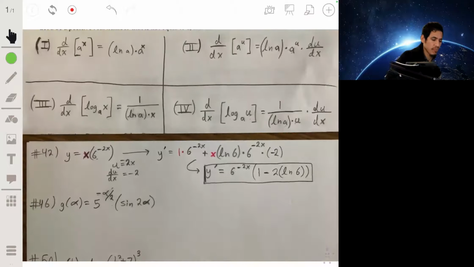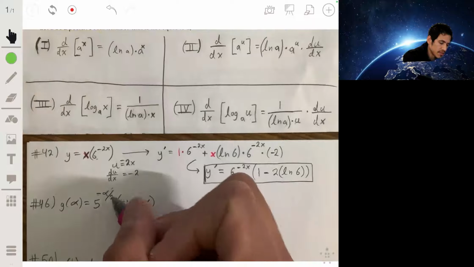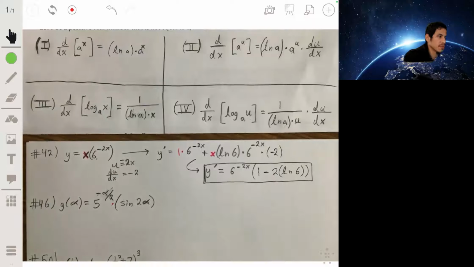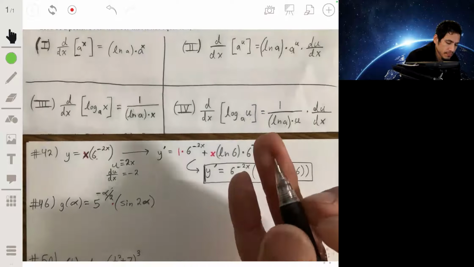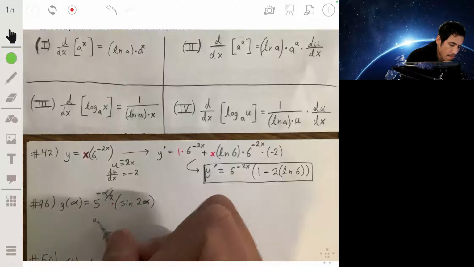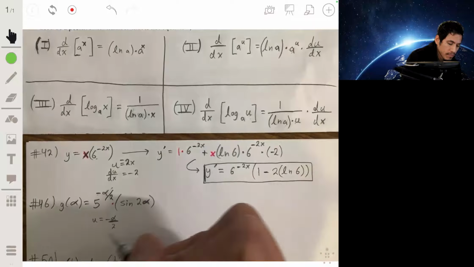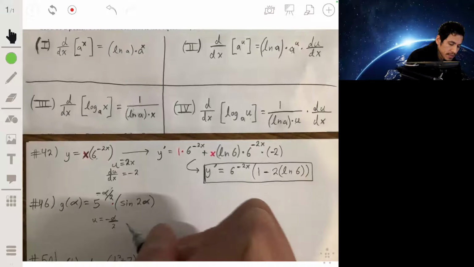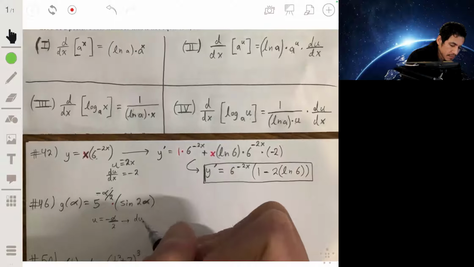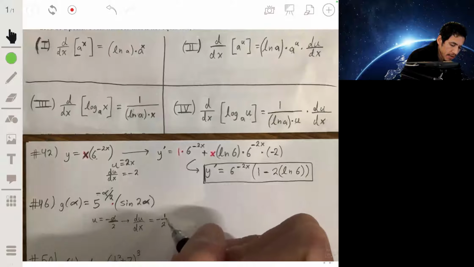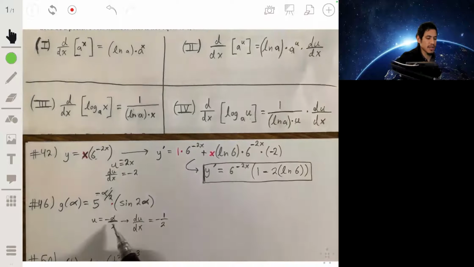So let's first take the derivative of 5 to the negative alpha over 2. So we're going to make the u equal to negative 1/2 alpha. And then that just means that du dx would be negative 1/2. Again, don't let the alpha throw you off. If it was negative 1/2 x, the derivative of negative 1/2 x is just negative 1/2.